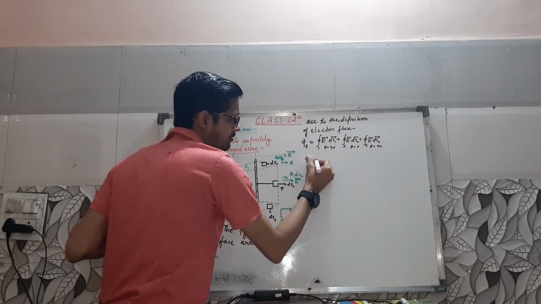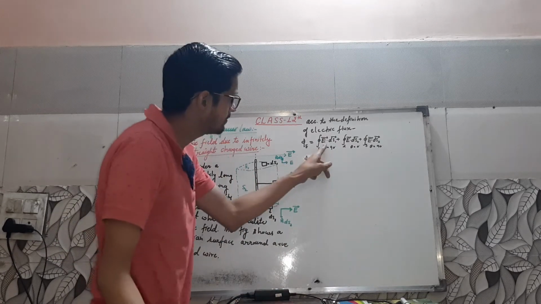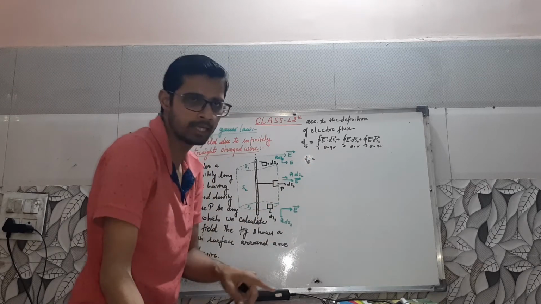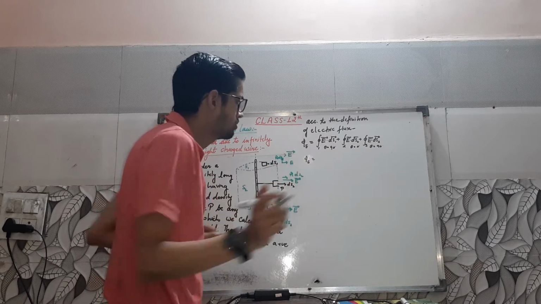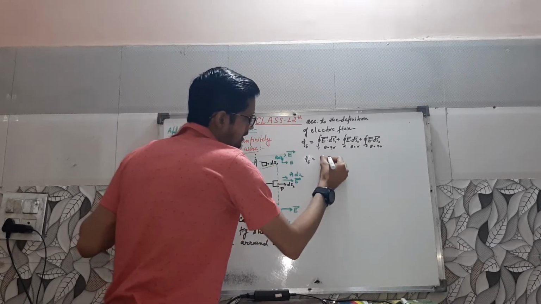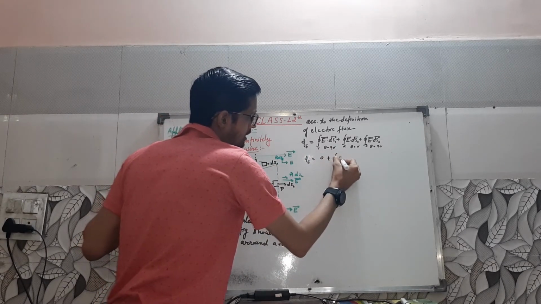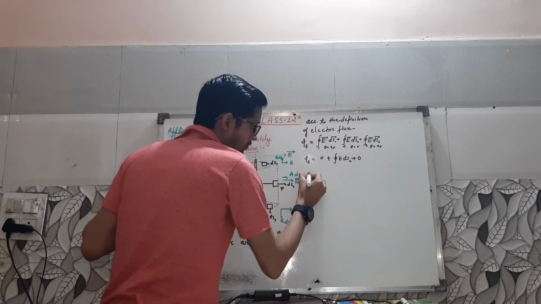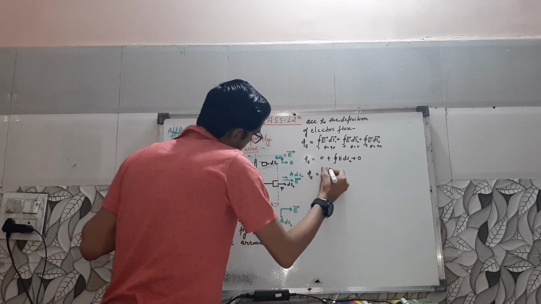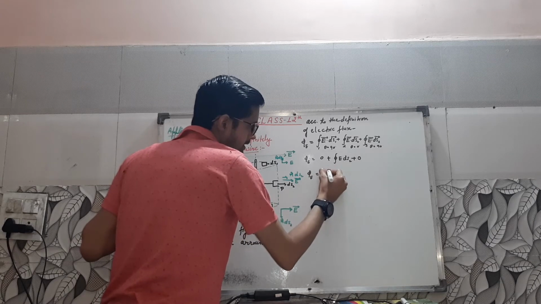Phi E equals the integral of E dot ds. It will be E ds1 cos theta. Theta is 90, so it comes out to be 0, plus this one, only E ds2, plus this term again 0. So phi equals the integral of E ds, where E comes out of the integral.